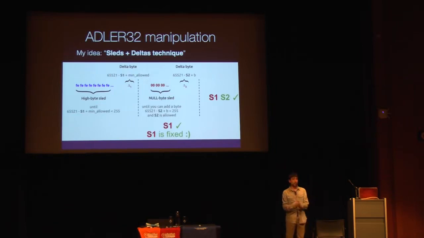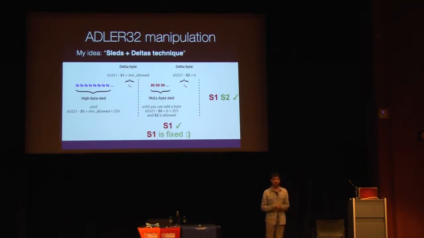Then we want to keep S1 fixed, because we want to update S2 and make it also alphanumeric, but we don't want to change S1. A very simple way of not changing S1 is adding null bytes, because every time you add a byte, it adds to S1. So if you add 0, S1 doesn't change.